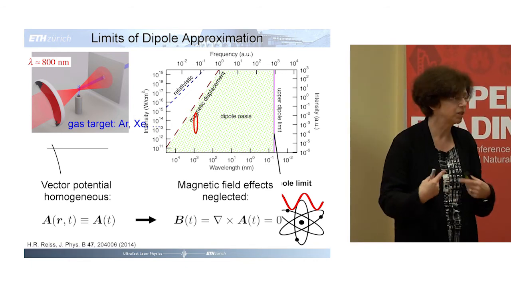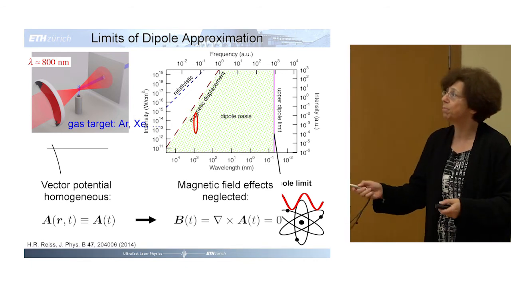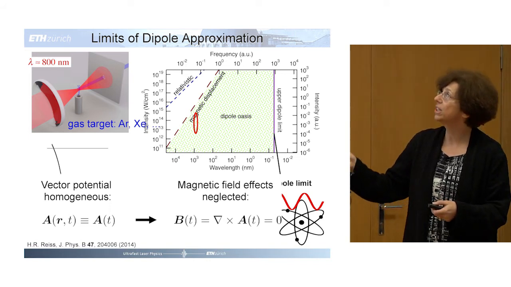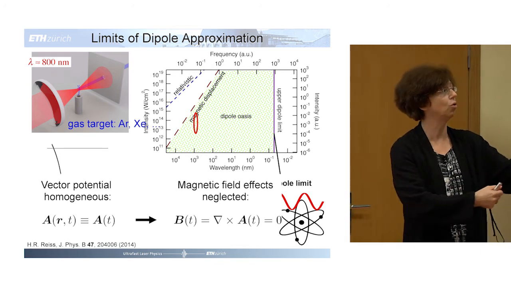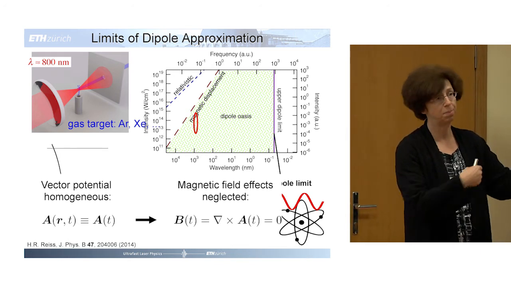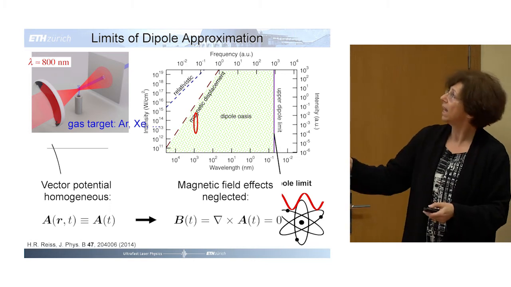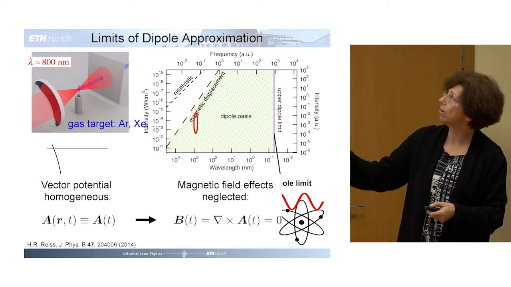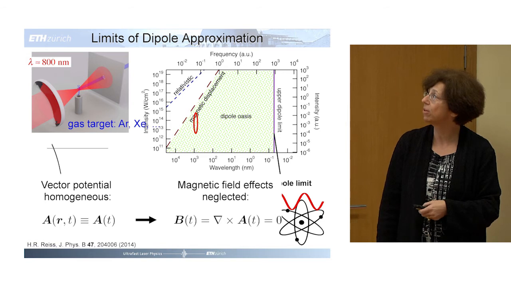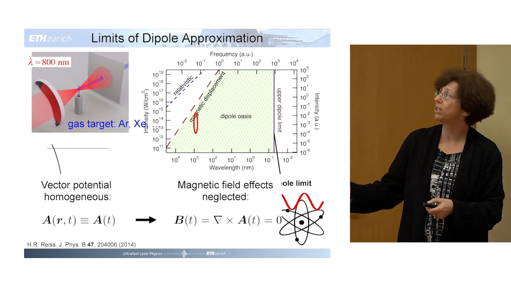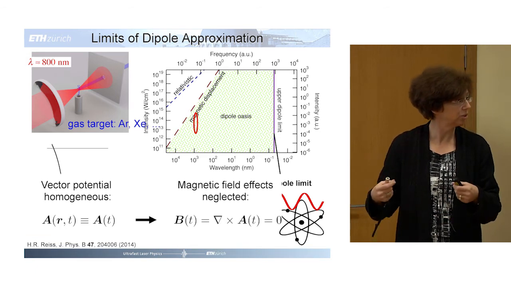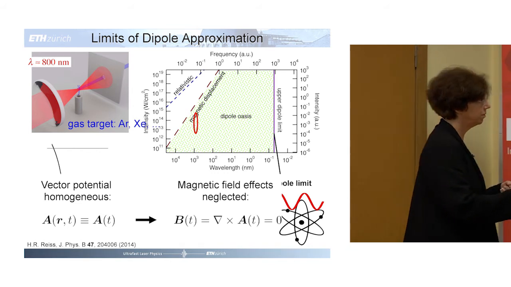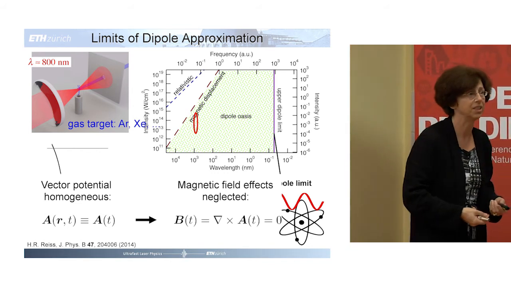Maybe that's not so well known, and it has actually been predicted by Howard Rice that many of the pictures we use in high harmonic generation, if we scale to longer and longer wavelengths, fall apart. The first breakdown is this magnetic displacement, because if you neglect the spatial dependence in your vector potential, your magnetic field is 0. So you neglect the interaction of the electron with the magnetic field of the electromagnetic wave.